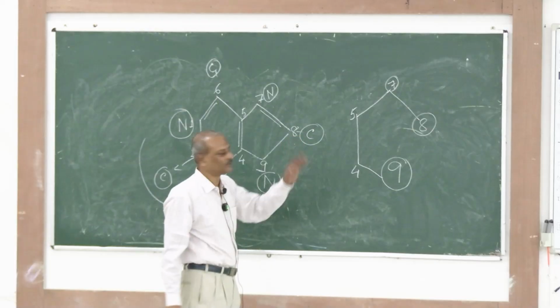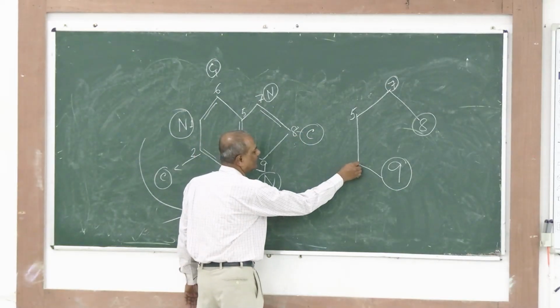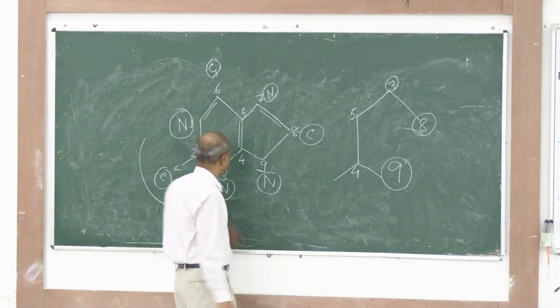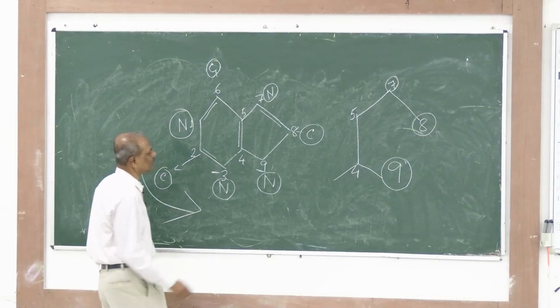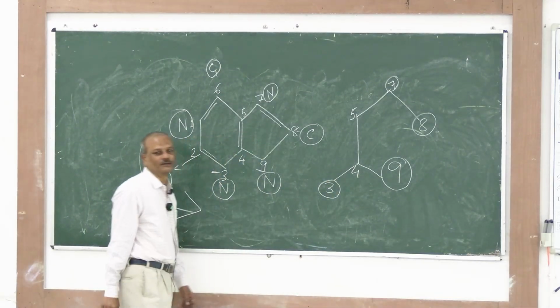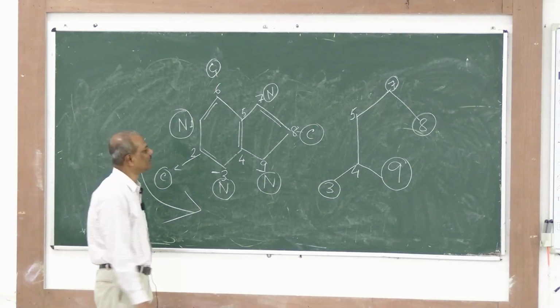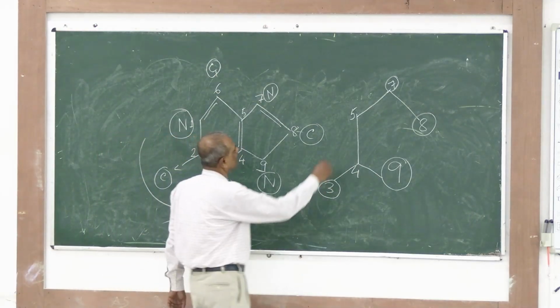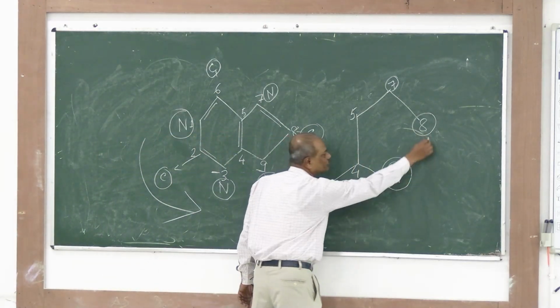After the 8th step, this ring starts. That is position 3, and then the ring is closed.